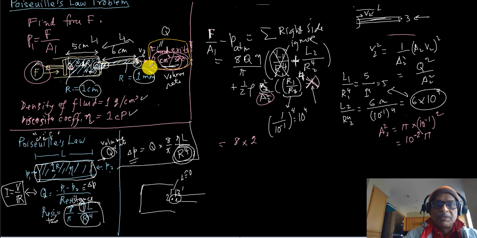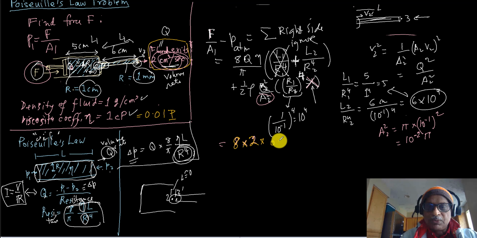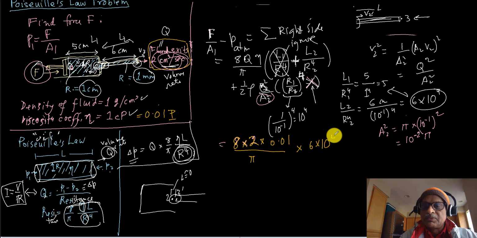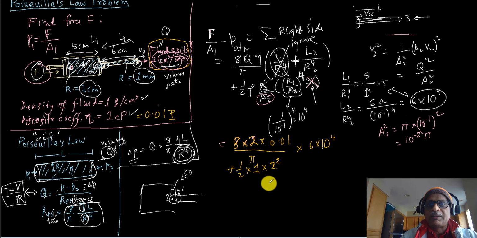That's the Q. Let's do this: 8 times 2, and eta is in centipoise, so this is 0.01 poise, 0.01, and we have a pi, and then that just says 6 times 10 to the power 4, and the other one is half, rho is just 1, q square is just 2 square, and this is flipped over, makes it pi here, and times 100 times 10 to the power 4.